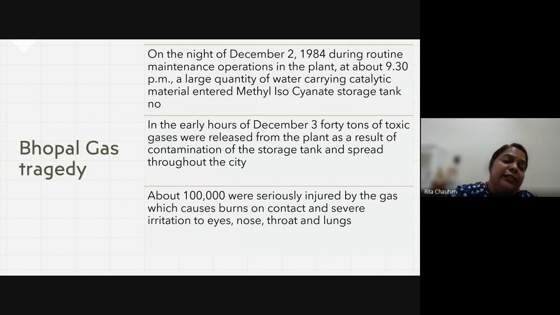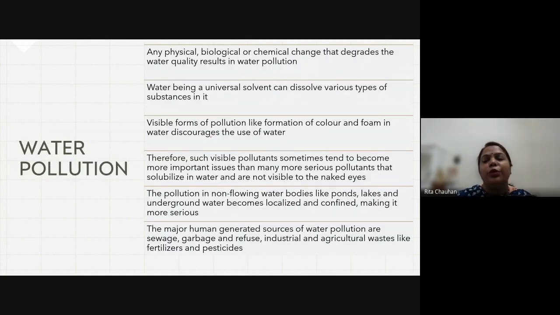They had problems in the eyes, nose, throat, and lungs. And not only that, adults and small children, even in the future, there was a change in the reproductive organs. So it has passed down to the generations also. So severe was the air pollution that happened.